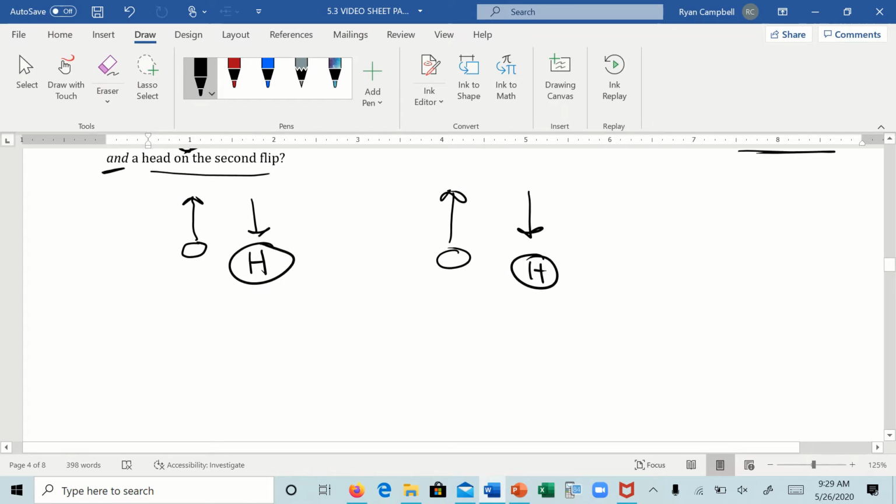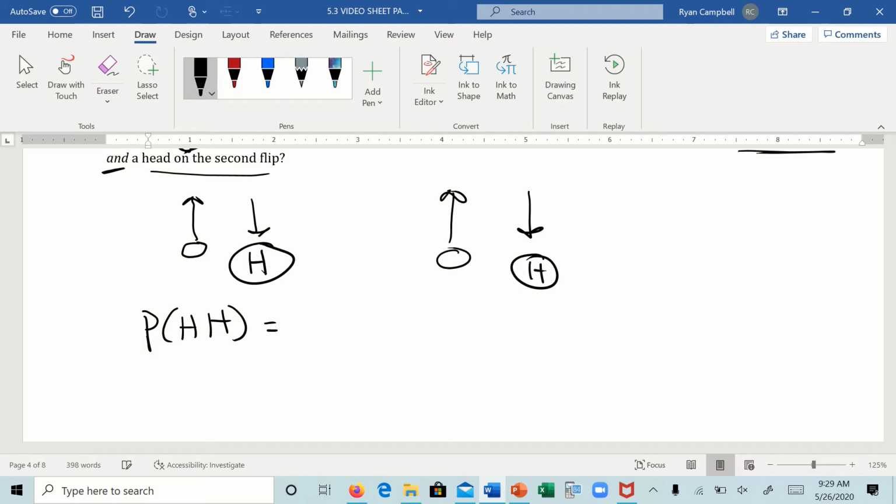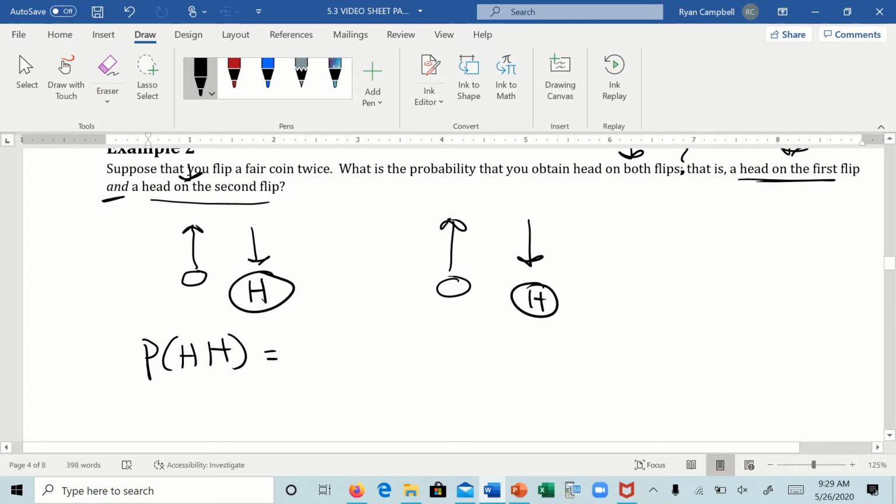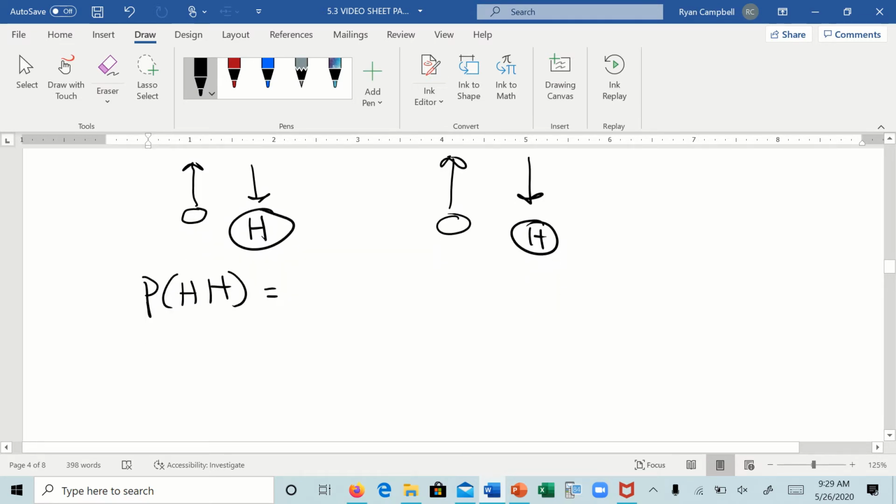So again, I'm going to write something for your notes. You do not need to write all this on a test, but if you're looking back at your notes and have no idea what's going on, it might be helpful. So instead of the probability of two heads, it's the probability of a heads and the probability of another heads.